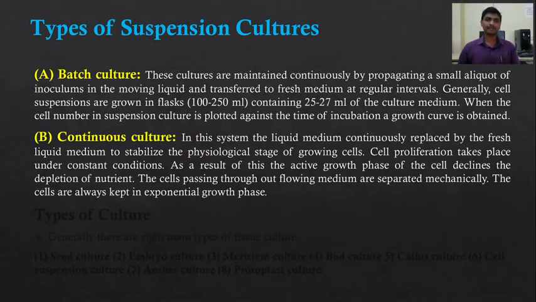Cell proliferation takes place under constant conditions. As a result, the active growth of the cells declines the nutrient level, so the culture is continuously replaced with fresh liquid medium.